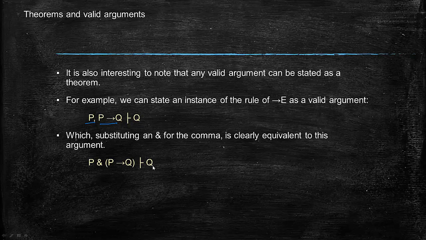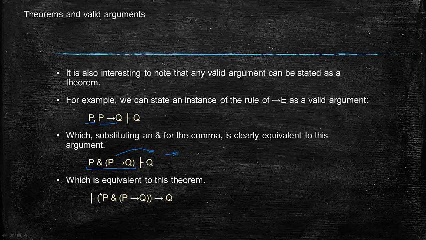So how can we convert that into a theorem, which is to say a sentence or a formula or proposition that follows from 0 assumptions? Well, the answer is that we just take this whole thing now, which is just 1 proposition, and we push it all the way over, right? And we introduce a conditional, which substitutes for the turnstile right here, and then we move the turnstile to the front.